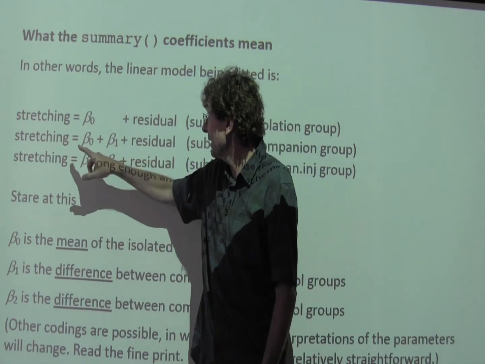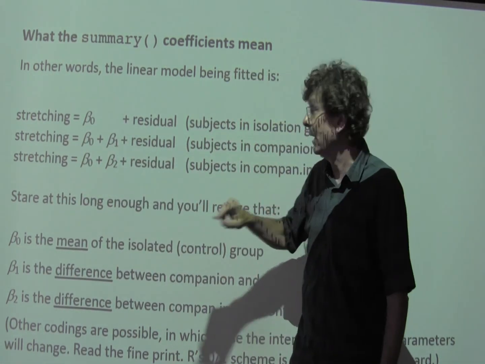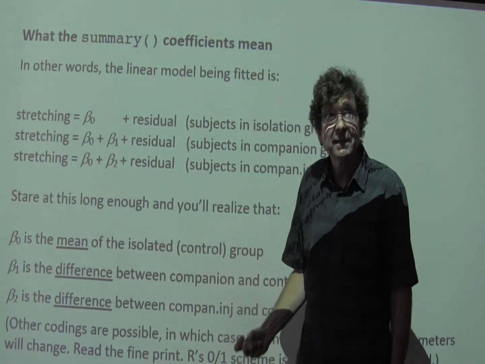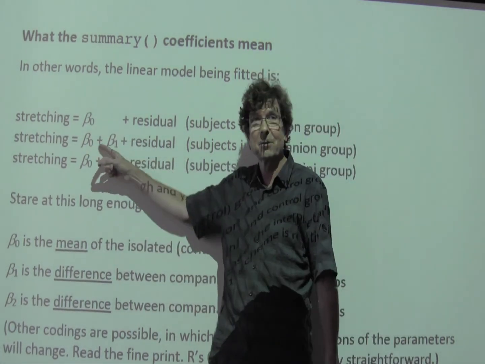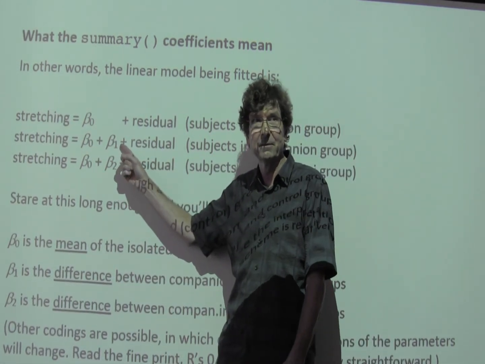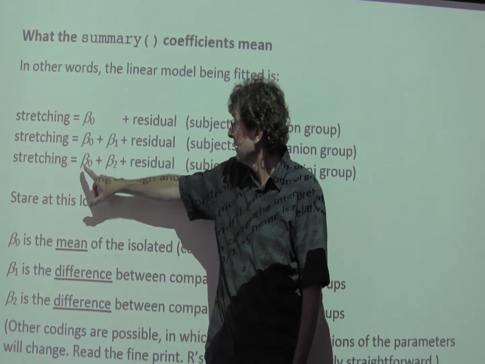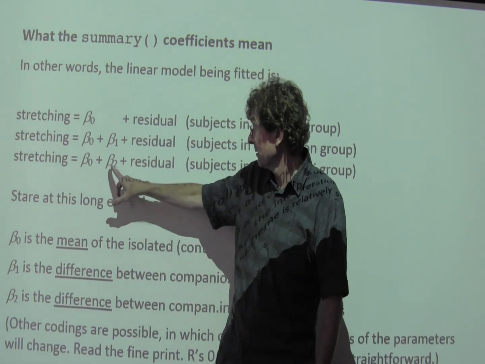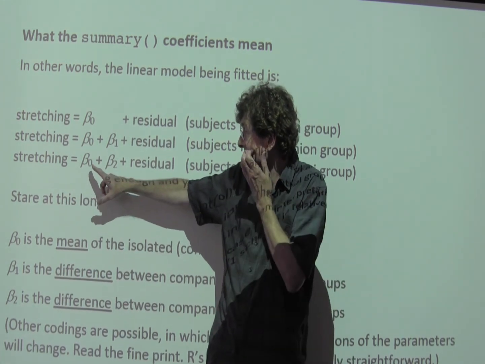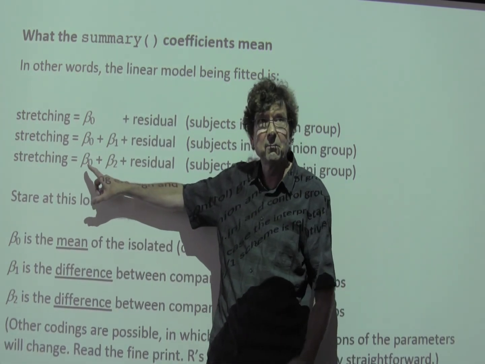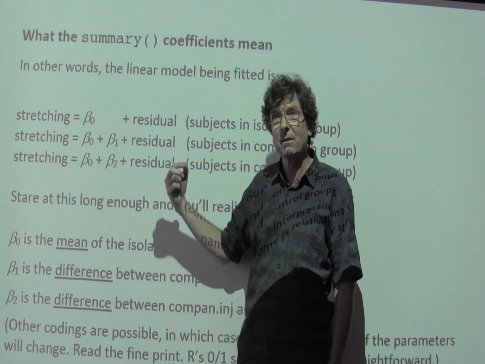The second group is modeled as beta naught plus beta 1. What is beta 1? It's the difference between the first group mean and the mean of the second group. And the third one, beta naught plus beta 2, means that the third parameter, beta 2, is the difference between the mean of the first group and the mean of the third group.